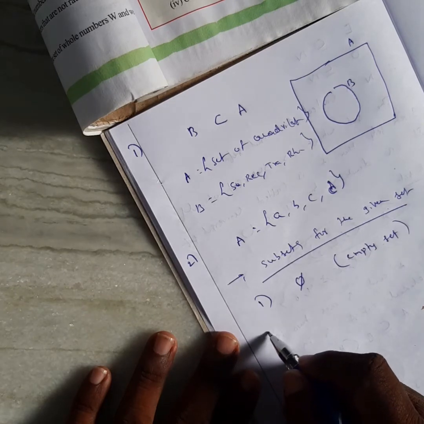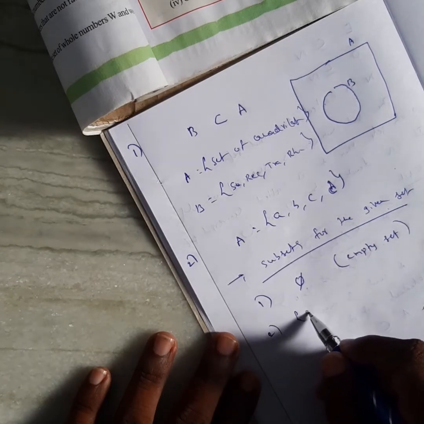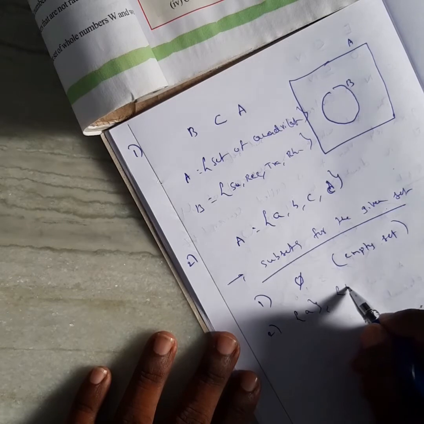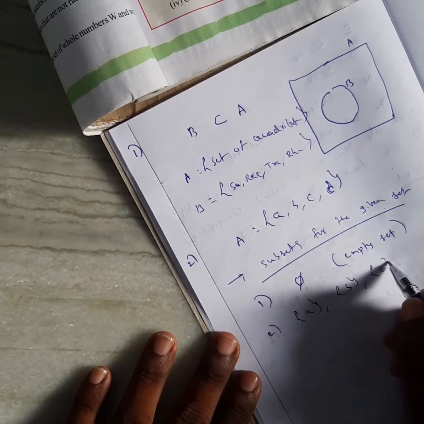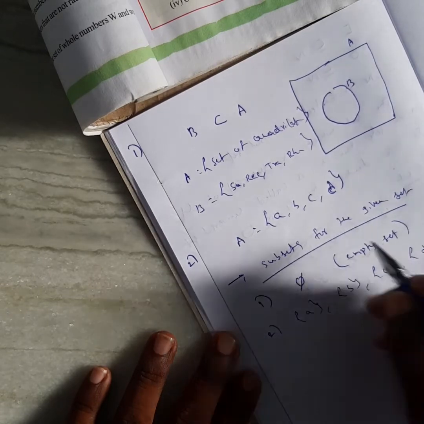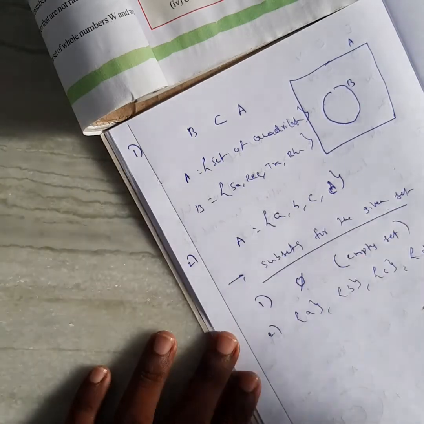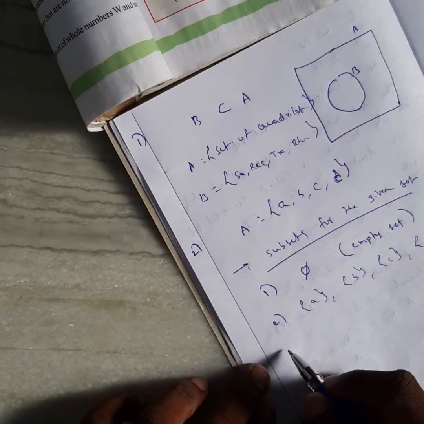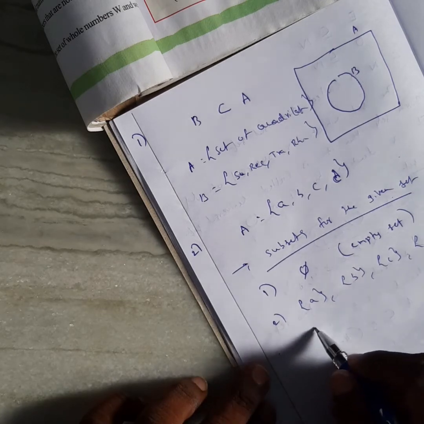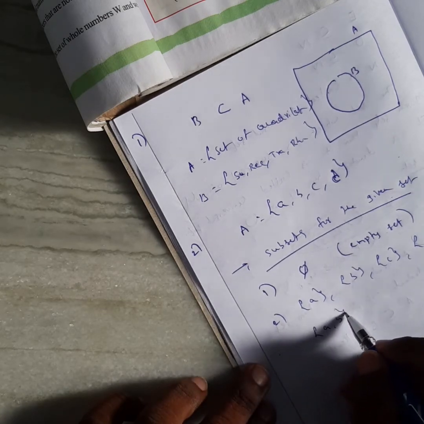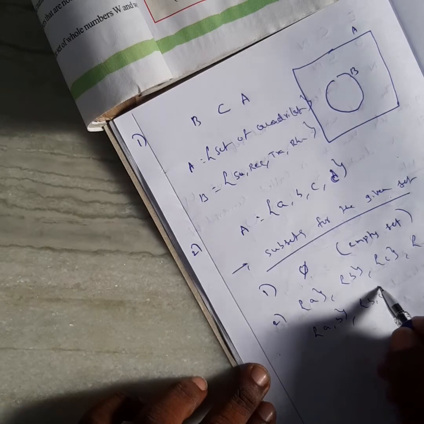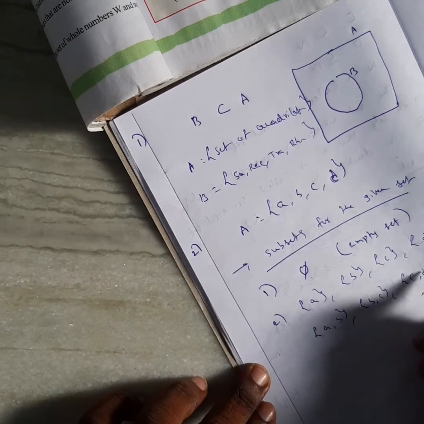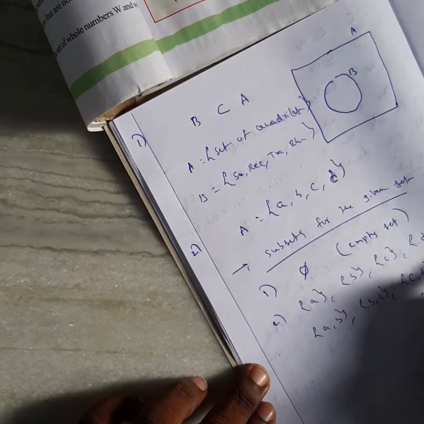Next, singleton sets. You will get a, b, c, d. That means from this set you are taking single elements. After that, two element sets. What are the two element sets? a comma b, b comma c, c comma d, a comma d.